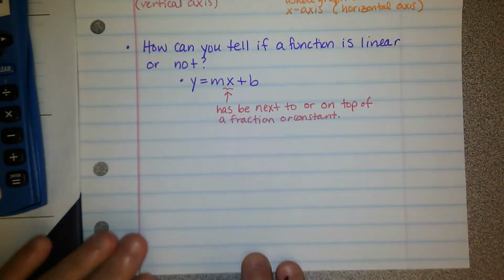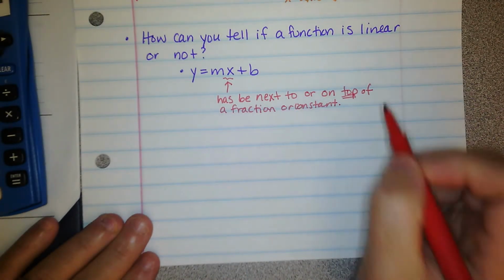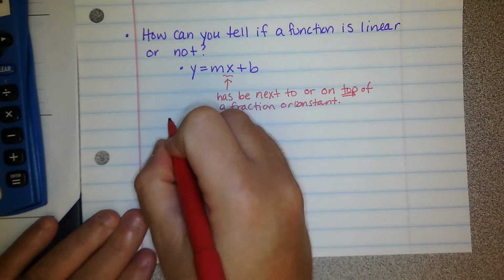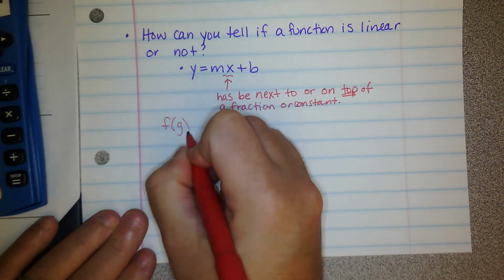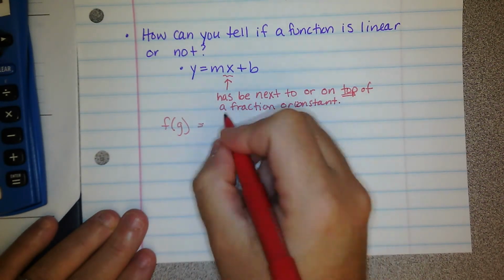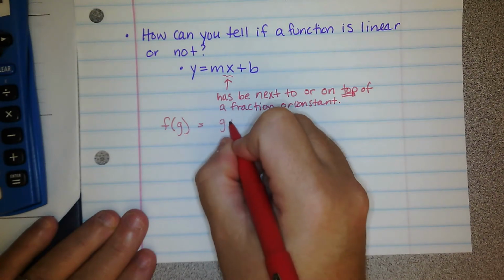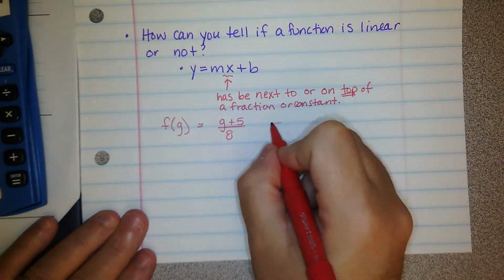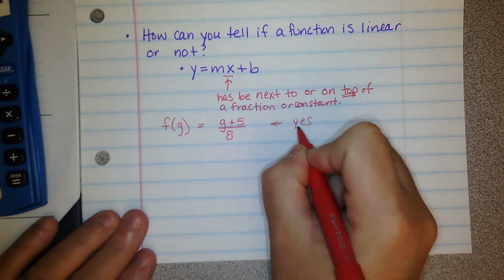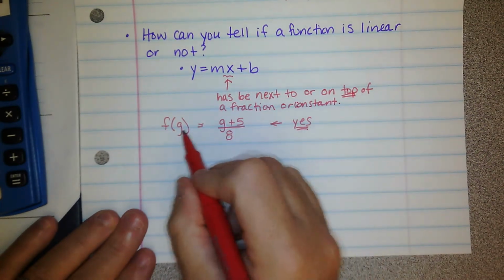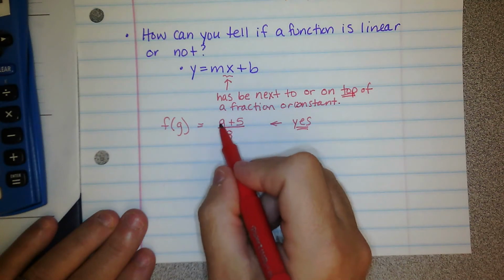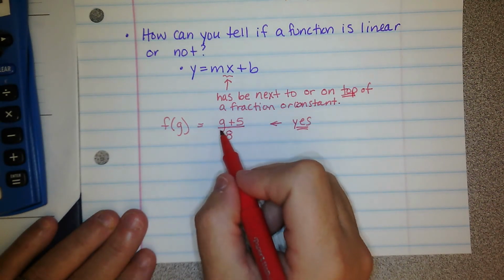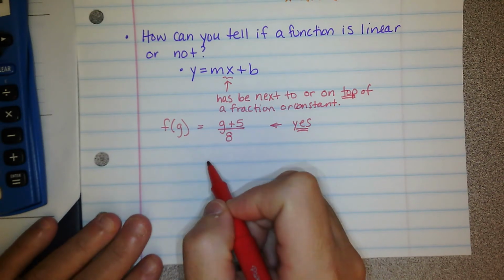For instance, you can have f of g equal to g plus 5 over 8, in which case, yes, this is a linear function because your independent variable g is in the top of the fraction. It has to be on the top. It has to be in the numerator.